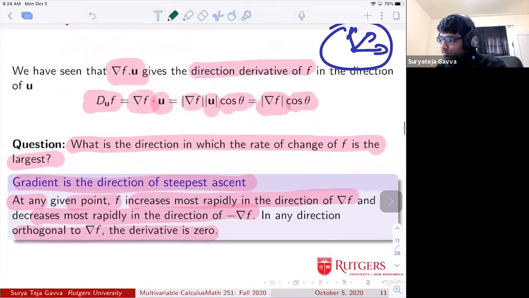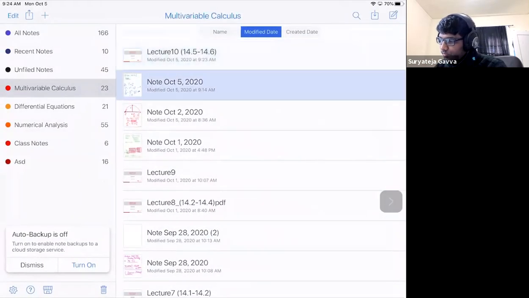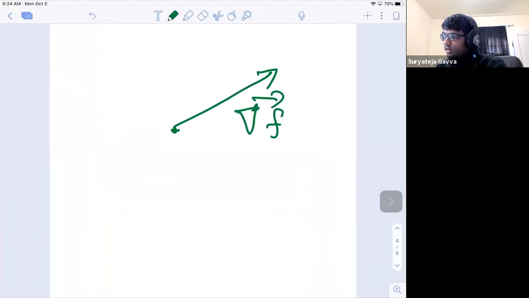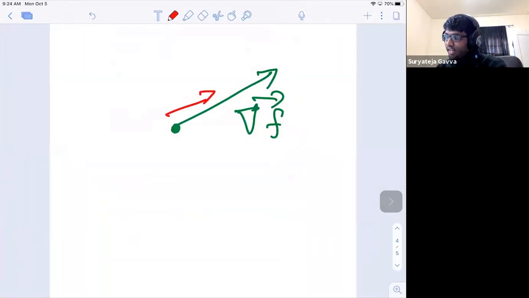Imagine that you are at some point and you know the gradient vector. This is the gradient vector. For you to get the maximum amount of change in your function, you have to move along the gradient vector.